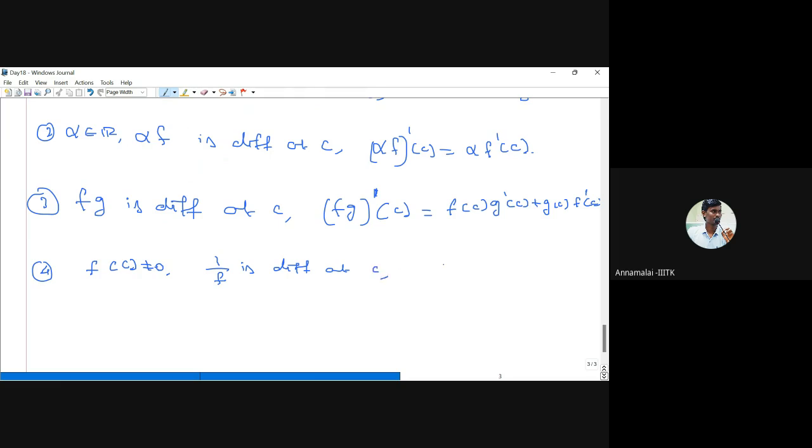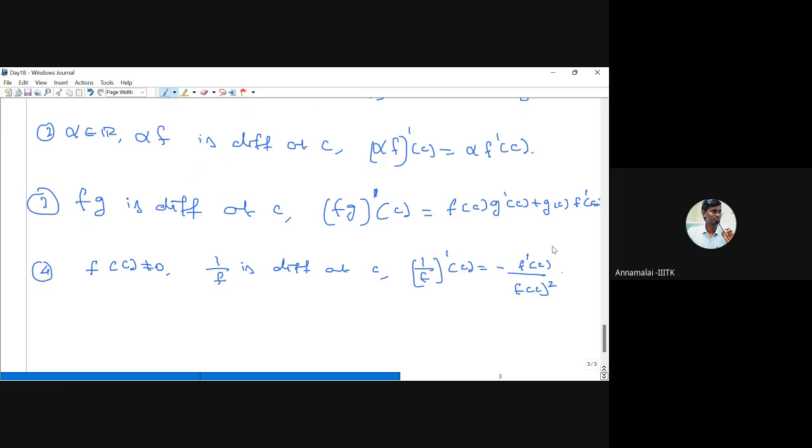Then what is the derivative of this 1 by f at the point c? It is nothing but minus f dash of c divided by f of c whole square. That is u by v, but I am taking 1 by f. We can apply the u by v method.